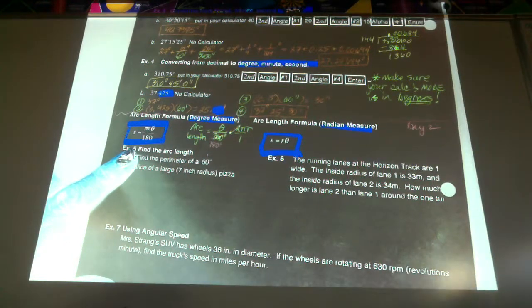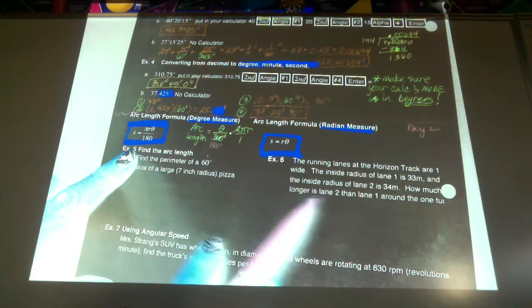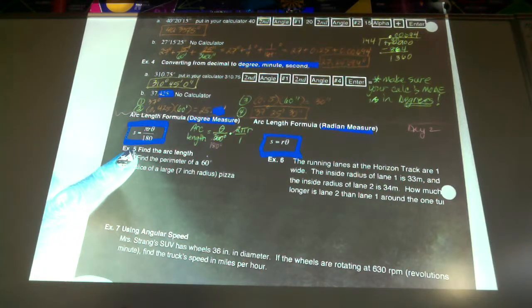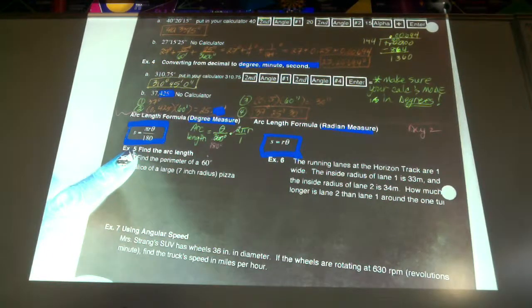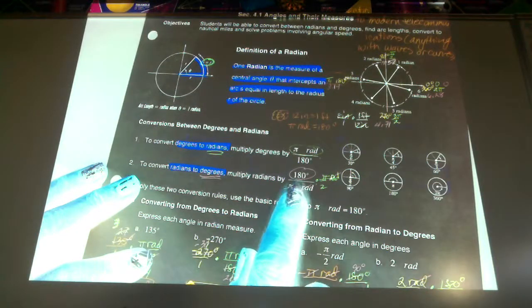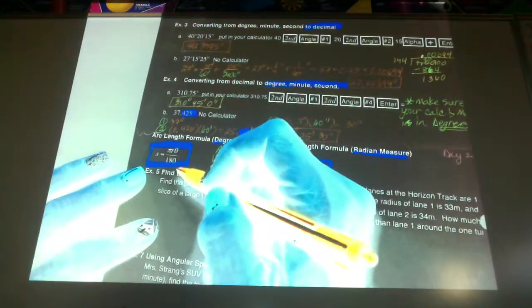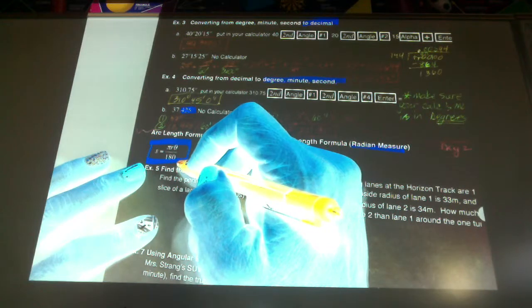If I want to convert degrees to radians, what would I do to this formula? I have my conversions for degrees to radians right here. Remember those? I currently want to get rid of my degrees and go to radians.